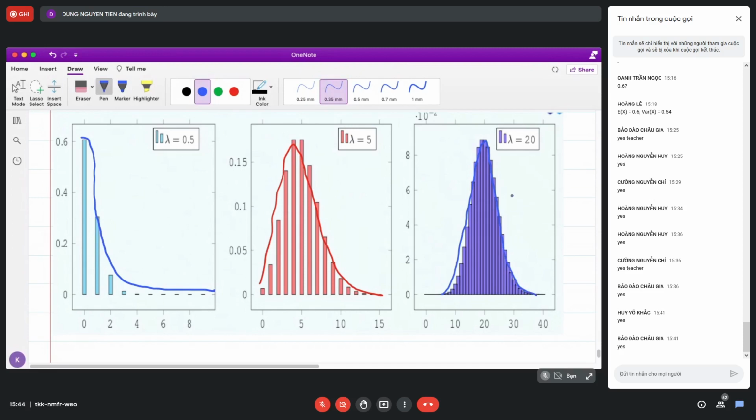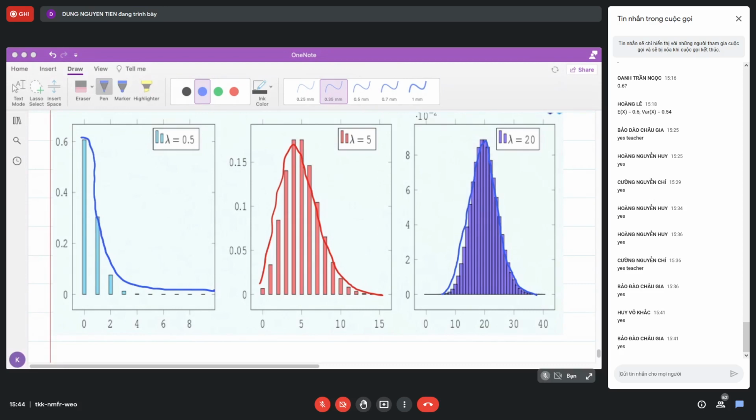And again, like the binomial distribution, a Poisson distribution looks more normal, more symmetric when the parameter lambda is big enough. Then we will go back to that in the last part of this chapter, the central limit theorem. Is that okay?